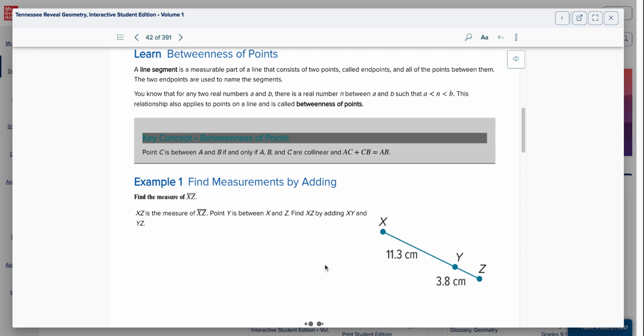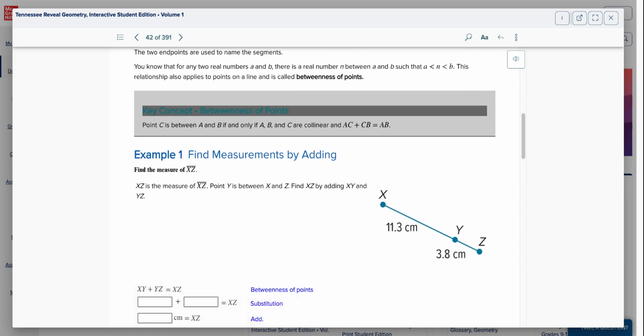So I love giving this question to my students, and it's a trick question. I'll give them something that looks like this before I even start the lesson, and I'll ask them, look, how many segments do you see? Oh, I see 2. I see XY, and I see YZ, and I'm like, well, that's true.